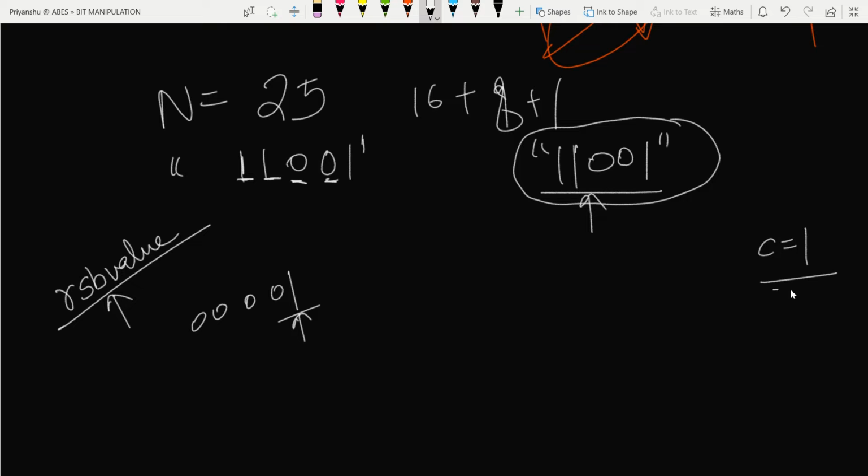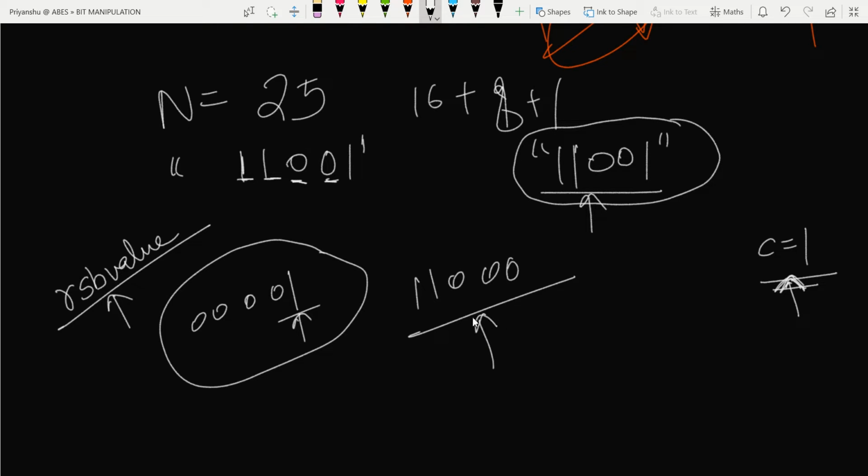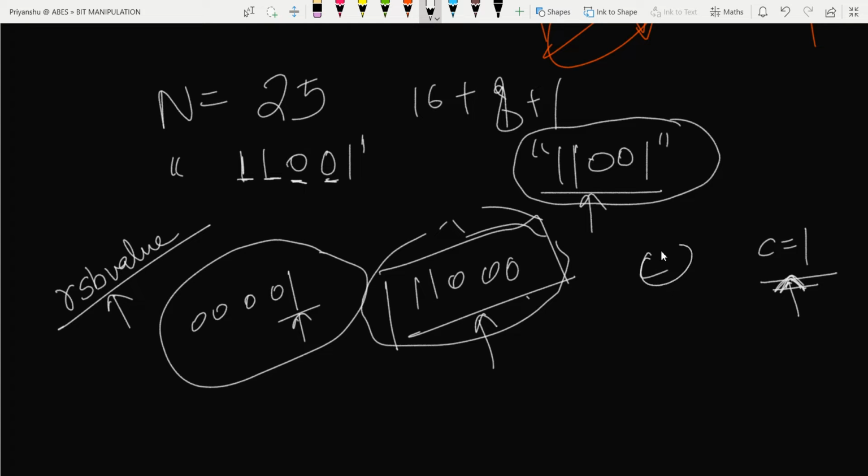Until our number has reached 0, we calculate the rightmost set bit and subtract it from the given value. After subtracting, it would be this, and we do this process until the bit values become 0.